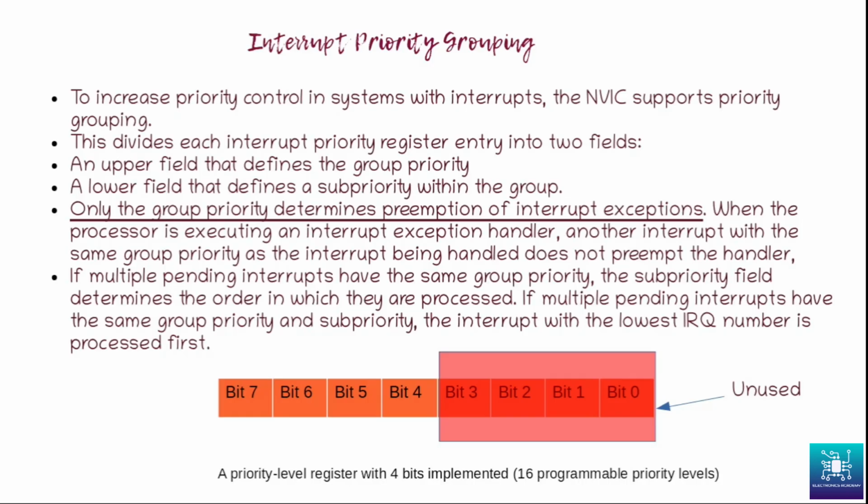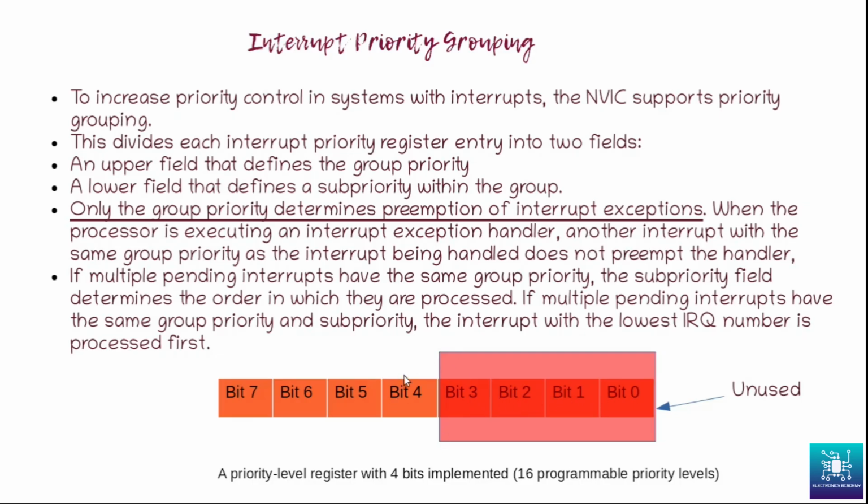Now, continuing, to increase the priority control of the interrupts, we have something called priority grouping. Another feature of Cortex M4 exception priority management is that the priority is decided by the upper 4 bits of the particular priority register. For example, if you want to set the priority of an interrupt, these lower bits are unused basically.